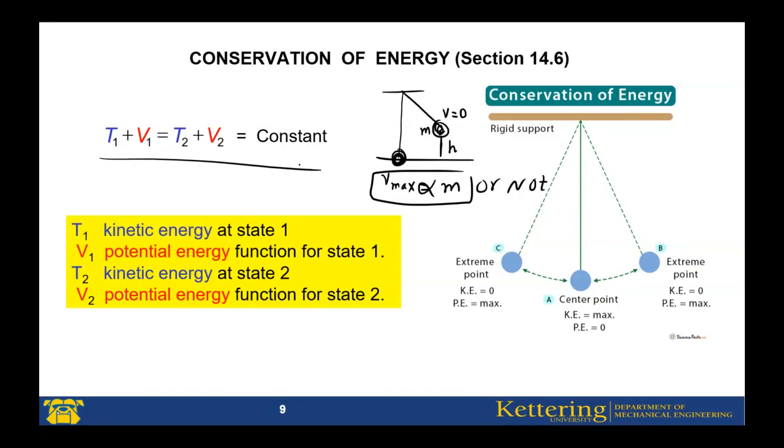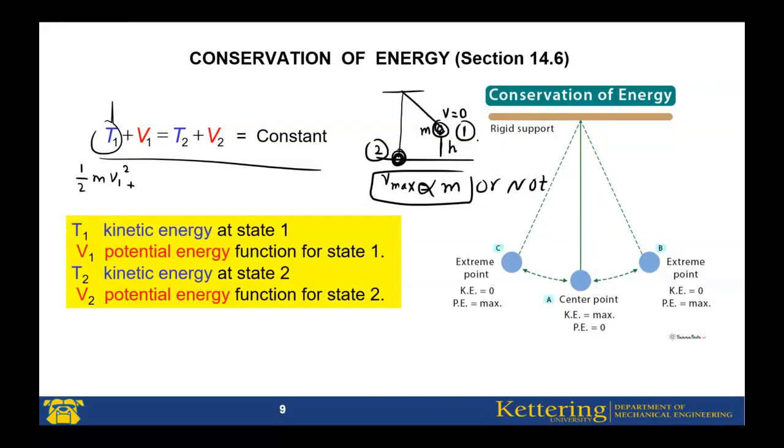If I use the conservation of the energy between state 1, this is state 1, or position 1, and this is state 2. This one is the kinetic energy. What is the kinetic energy? 1 over 2 m v1 squared.